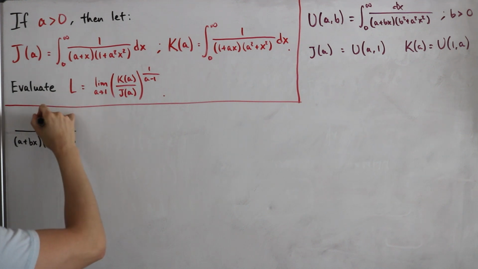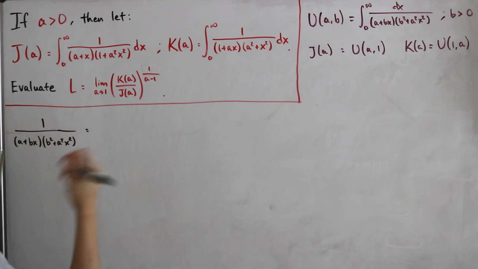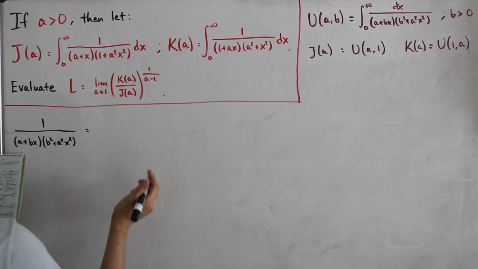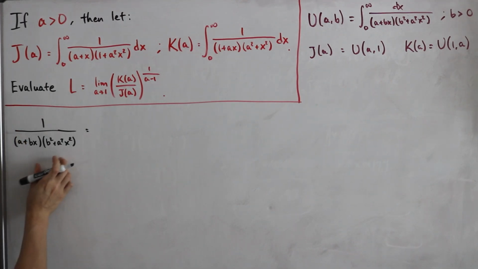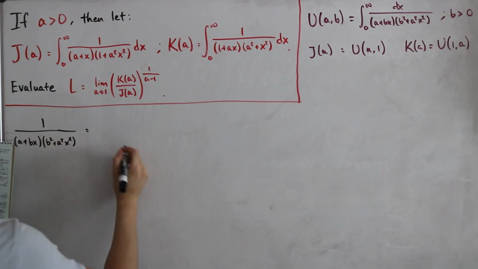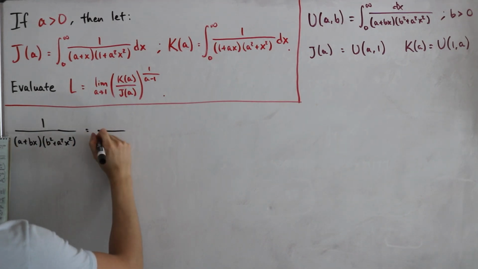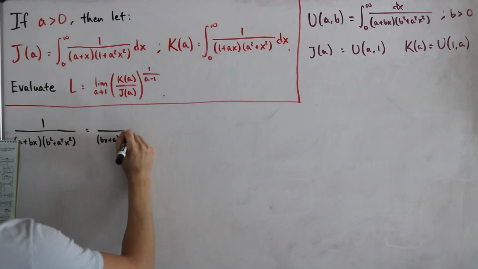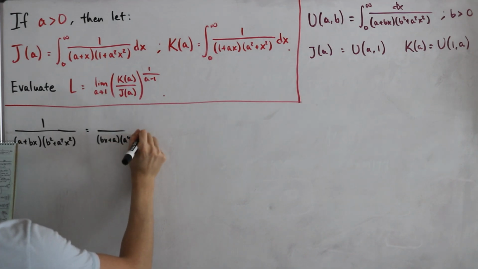Have fun with that. I actually went through it, and it's a lot. If you use partial fraction decomposition on this rational function, we're going to get the following. Our denominator will be (bx plus a), multiplied by (a to the power 4 plus b to the power 4).